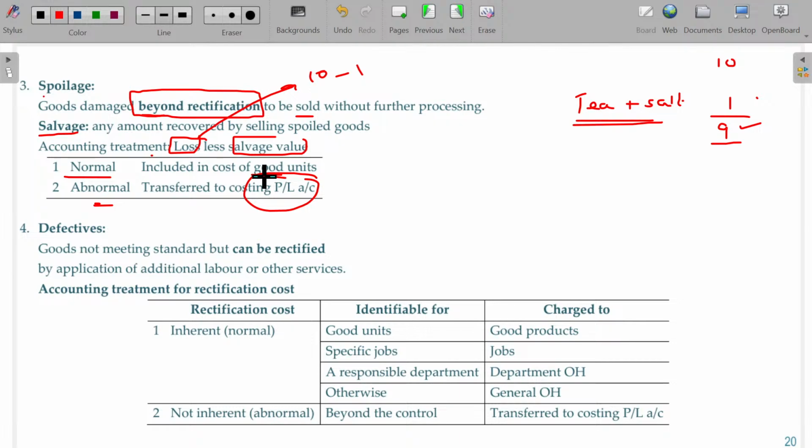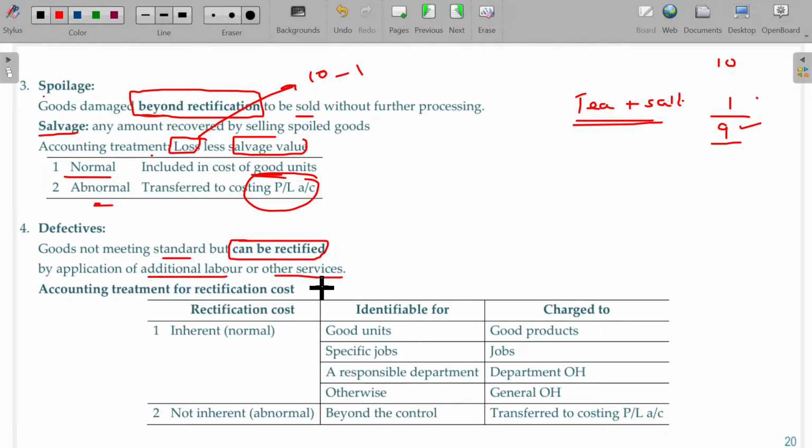Now, defective. Goods not meeting standard can be rectified by application of additional labor or other services.